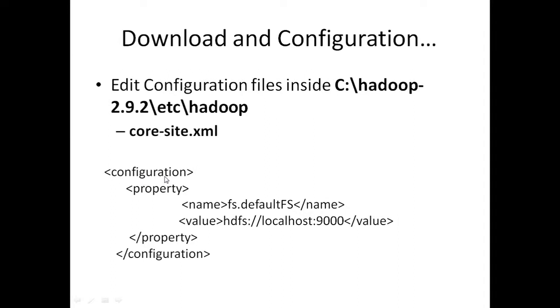This is the configuration. It is an XML file, so everything would be in XML. Under configuration you are going to create a new node of property. Under this you create a node like name, in which you provide your distributed file system name, fs.default.fs, which is already used by Hadoop.